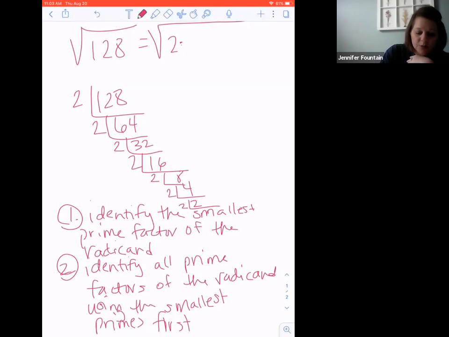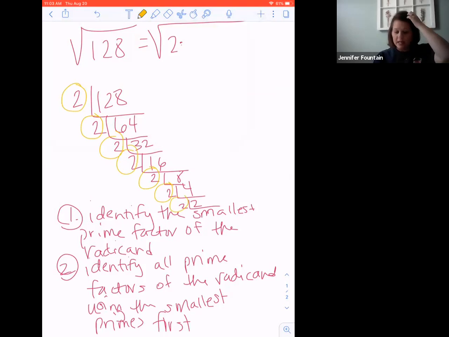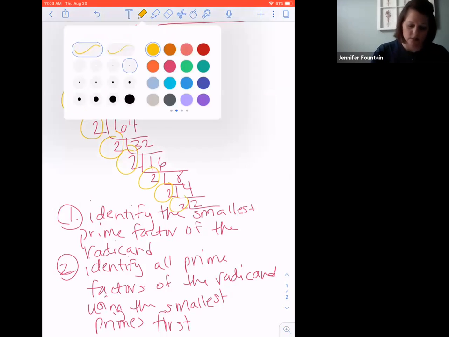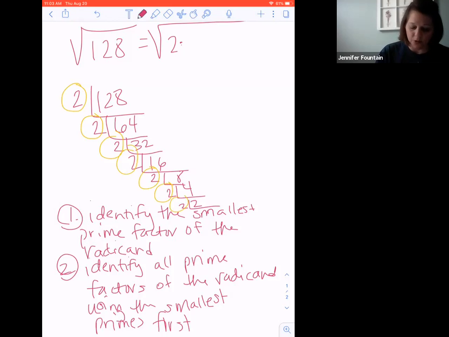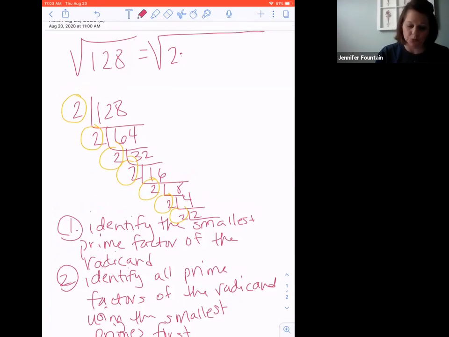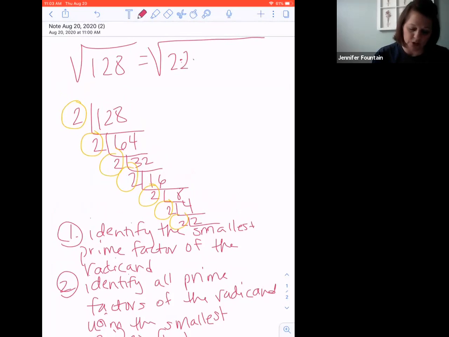Okay, so here I can see that I have written this as 2 2 2 2 2 2 2. So I can see that now I can write underneath my radical, I've got 1 2 3 4 5 6 7 2's. So I have 2 times 2 times 2 times 2 times 2 times 2 times 2.